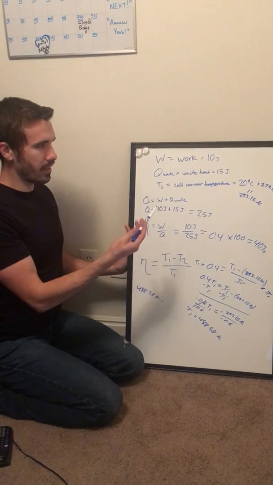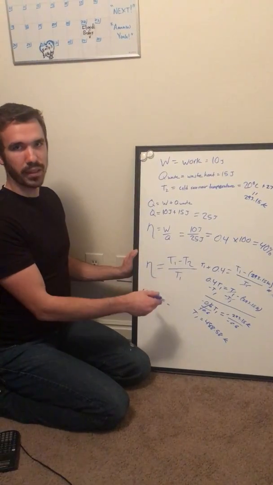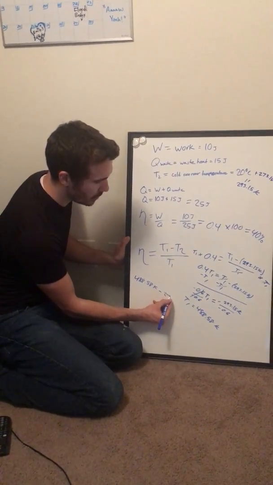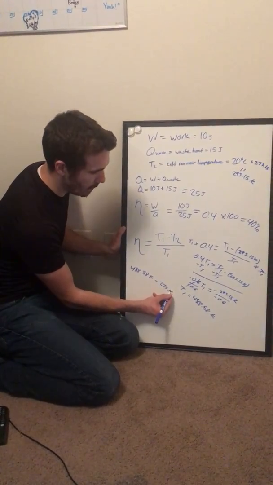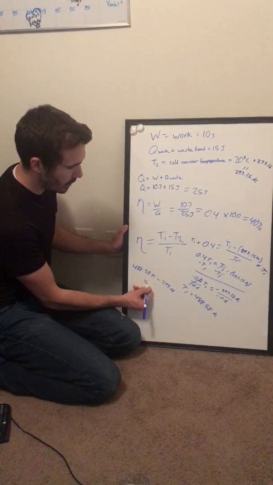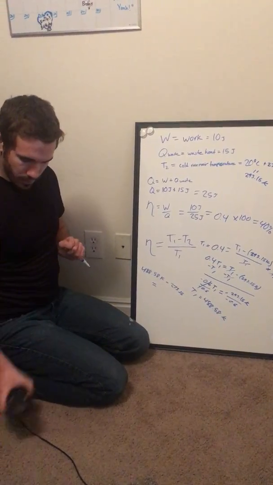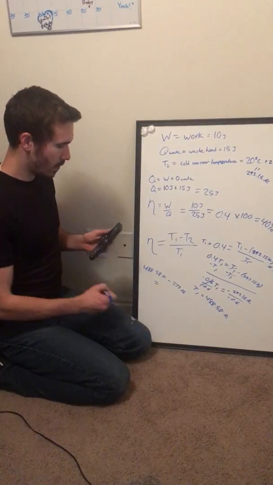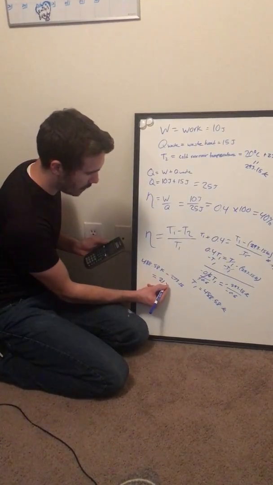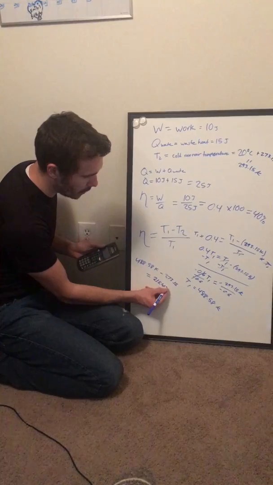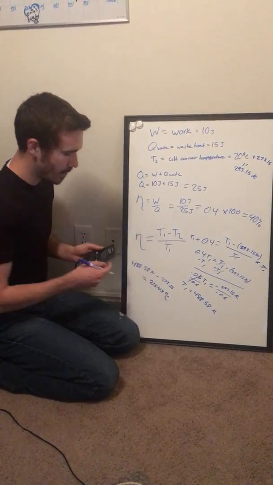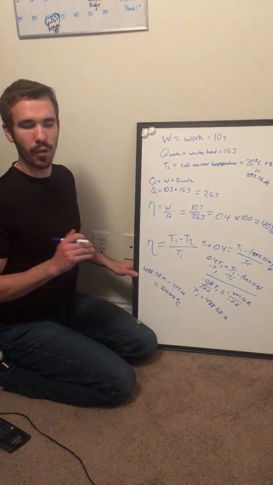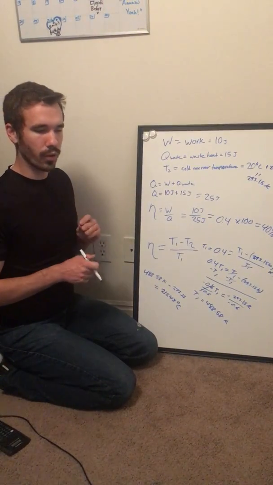Subtracting the 273.15 converts it back to Celsius, which gives us 215.43 degrees Celsius. And that's our answer for part B in question 64.